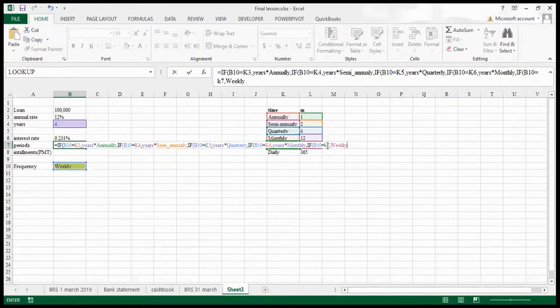So when B10 is equal to K7, that is weekly, then I should take the number of years, multiply by weekly, comma, if frequency is equal to daily, comma, it should take the number of years multiplied by daily, comma, if not, I should get quotation mark and close all the brackets.